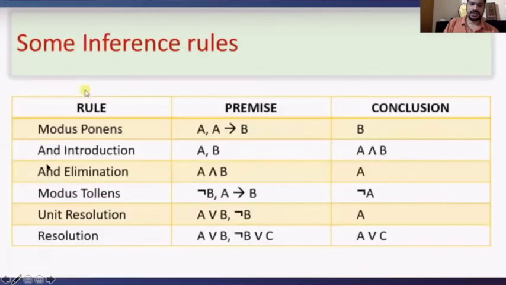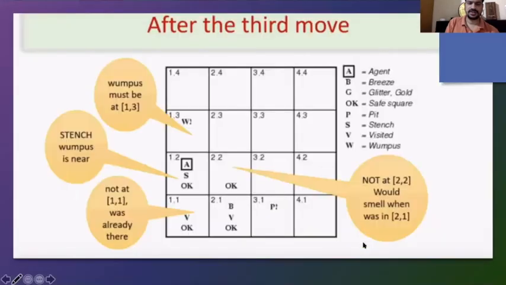So in the inference rule, if you have this disjunctive form, then this B and the negation of B will be cancelled out, and you will get A and C left with the disjunction, the OR operation. Okay, this is your resolution.